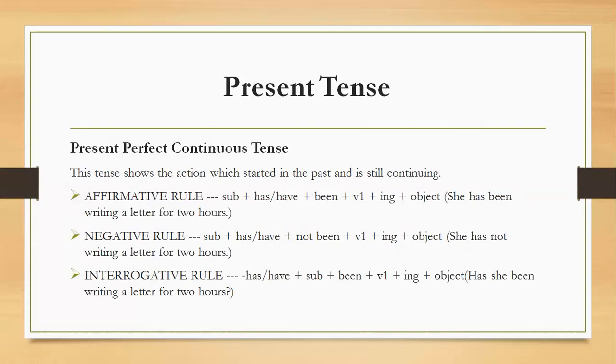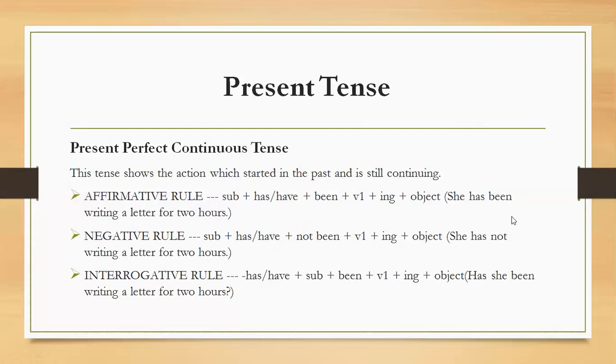For example, he has been sleeping for an hour. So that person has been sleeping for an hour, which means the person is still sleeping. It started in the past but is still continuing in the present. That is why it is present perfect continuous tense.